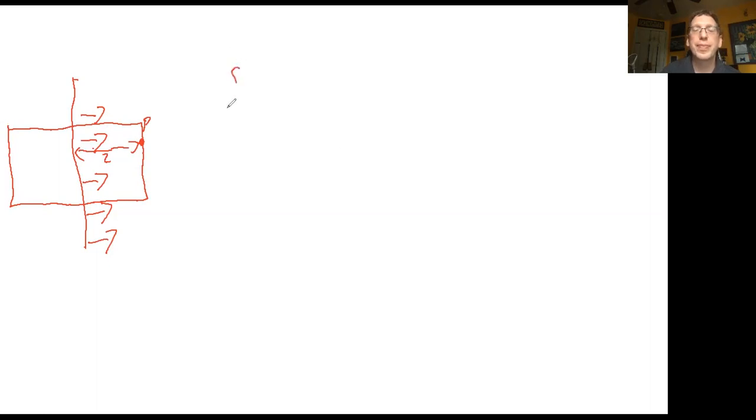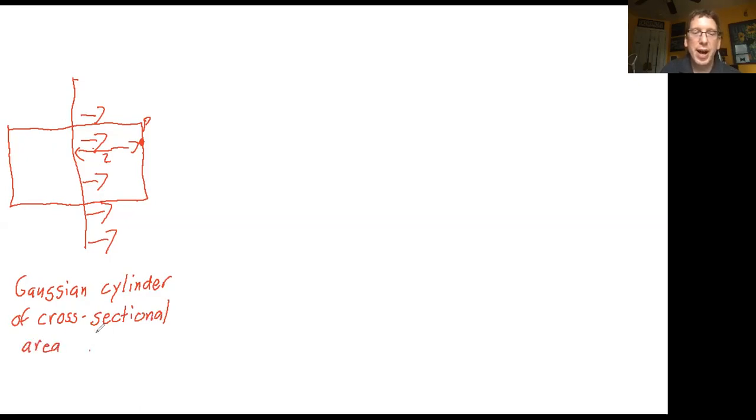So the electric flux then, we'll call it a Gaussian cylinder of cross-sectional area A. In the last example, the flux through the flat faces was 0.